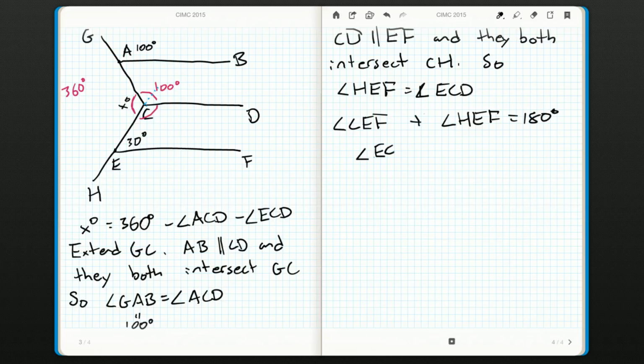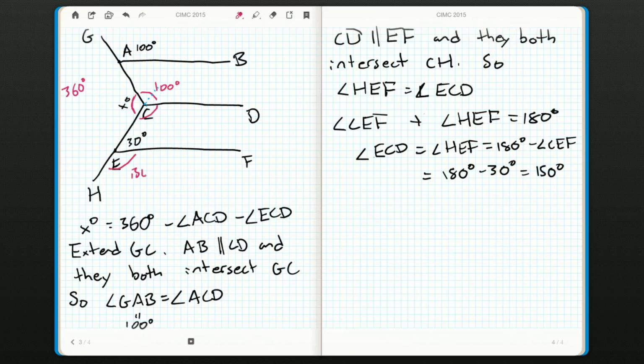So if I want ECD, which I do, that will help me figure out X, I'm going to take it to be HEF, which, rearranging this last equation, is 180 degrees minus CEF. And I know what CEF is. It's 30 degrees. That's one of the angles they gave me. So ECD is 150 degrees. So this one in here is 150 degrees.